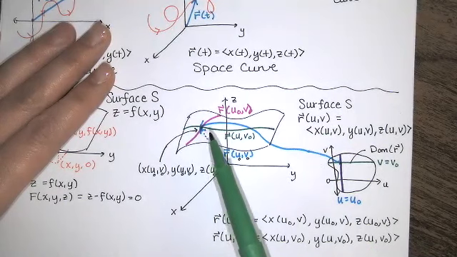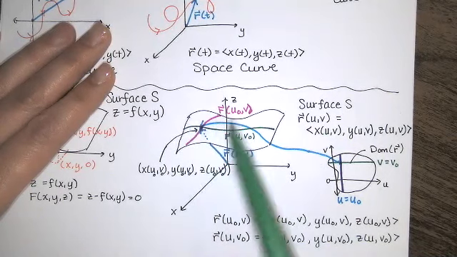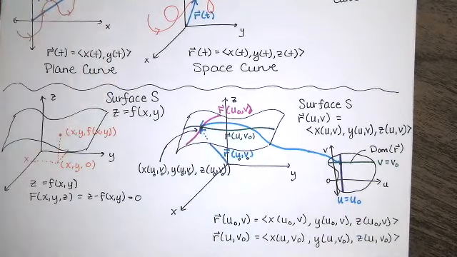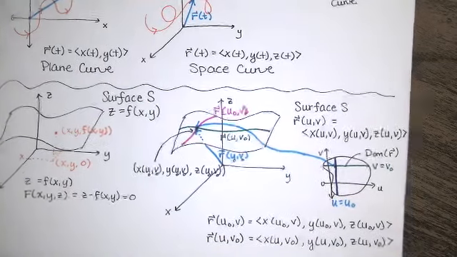X of U and V, Y of U and V, Z of U and V. And as U goes through a range of values and V goes through a range of values, we'll get the whole surface. So that's the idea behind parametric surfaces.